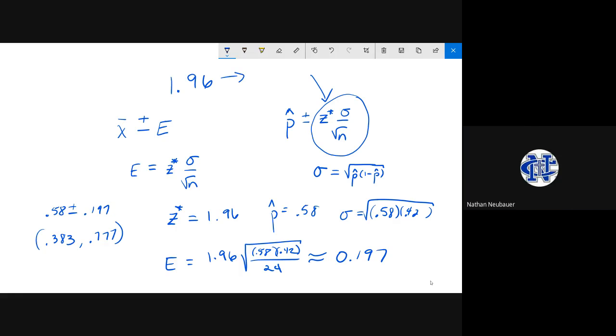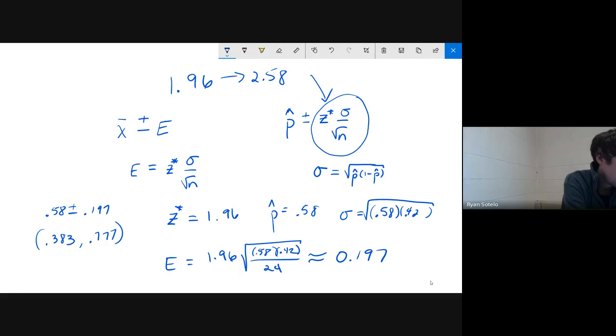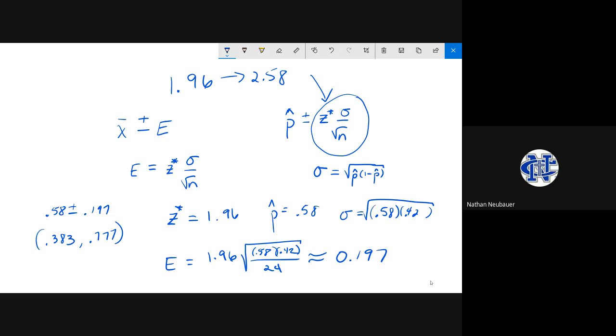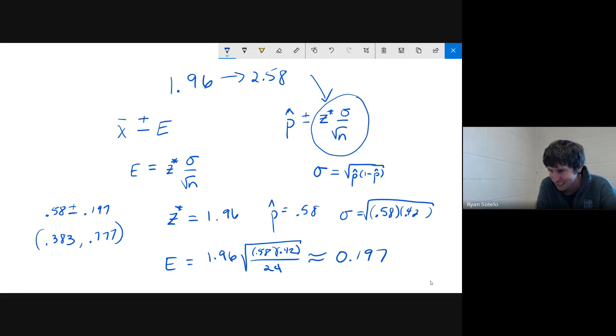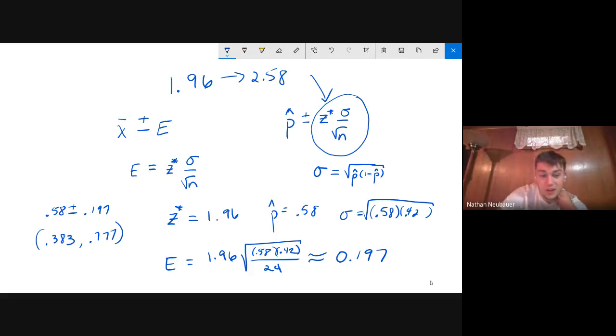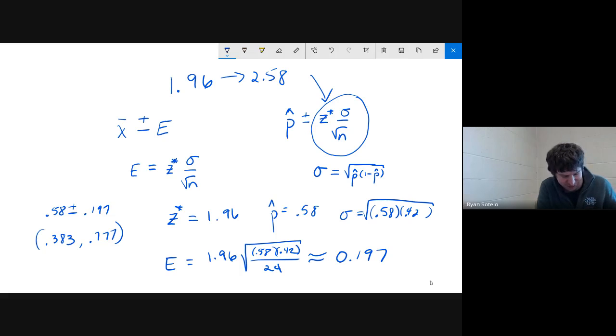So if I change 1.96 to 2.58, what percent of an increase is that? You guys know how to do that? Take the difference and divide by the old value. About 33%. Probably about there, yeah. If you do 2.58 minus 1.96, divide that by 1.96, you get about 32% actually.